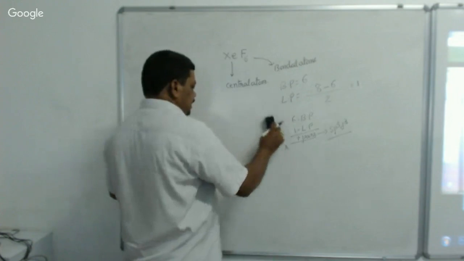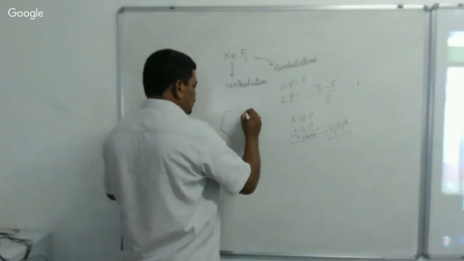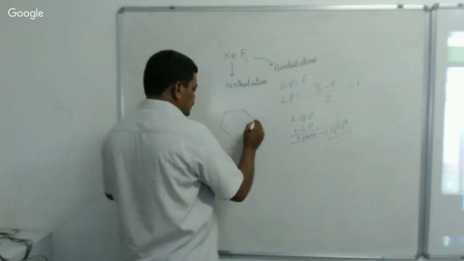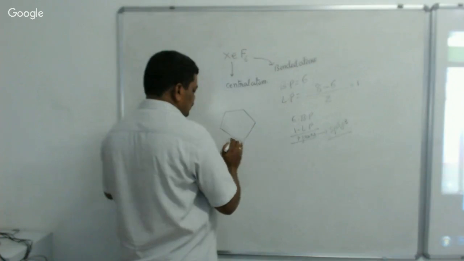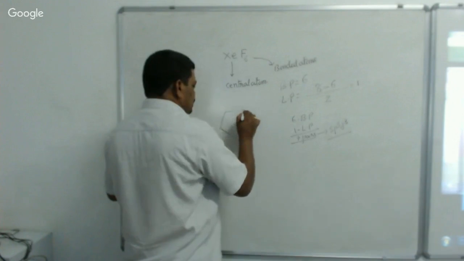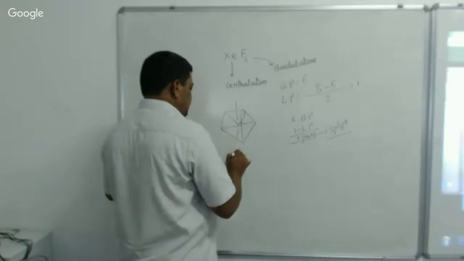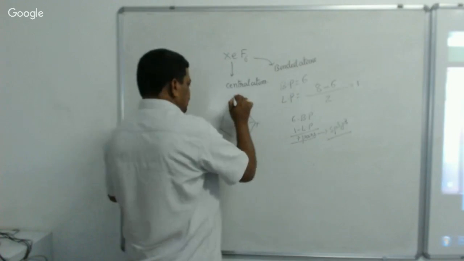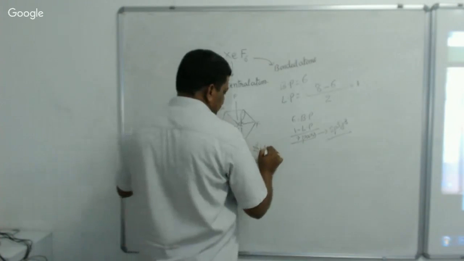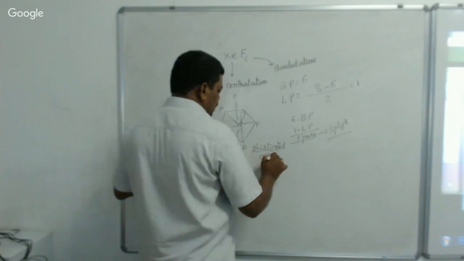Though it is sp3d3, we expect a shape of pentagonal bipyramidal. But one of the positions is occupied by the lone pair. So its shape is distorted octahedral.